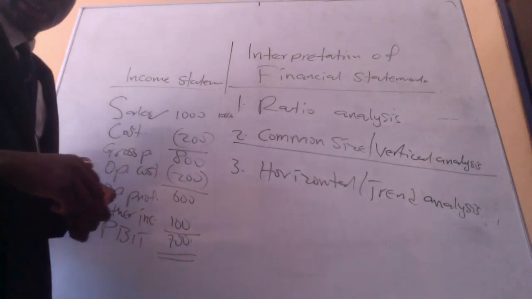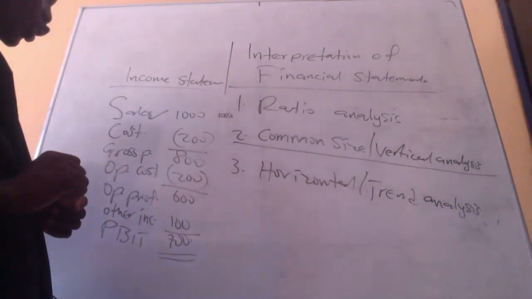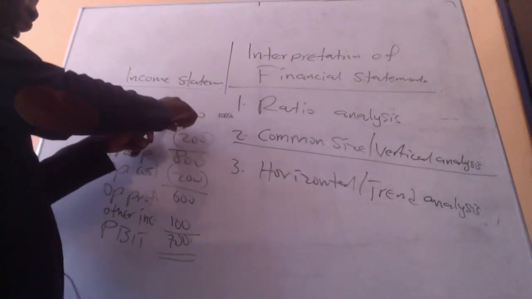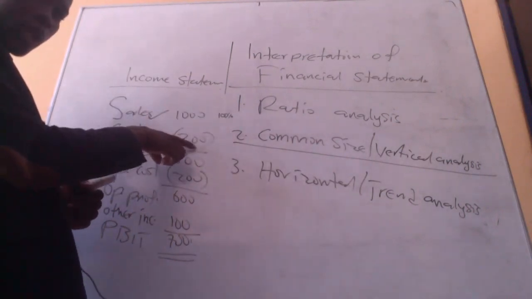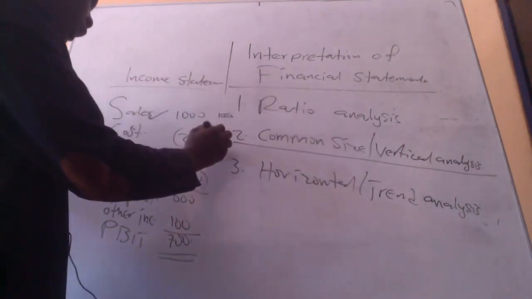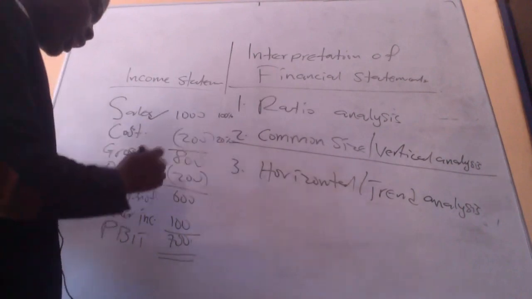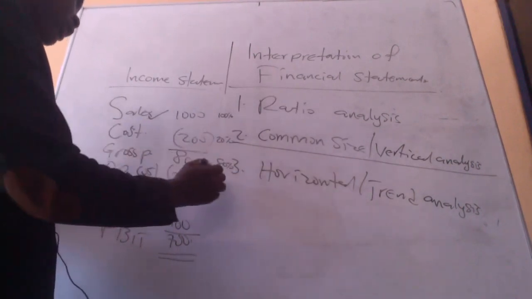Why 100%? Because it should be 1,000 over 1,000 times 100. Now, cost of sales, which is 200 divided by 1,000 times 100, that will probably give us what? 20%. This will probably give us 80%. This will probably still give us what?